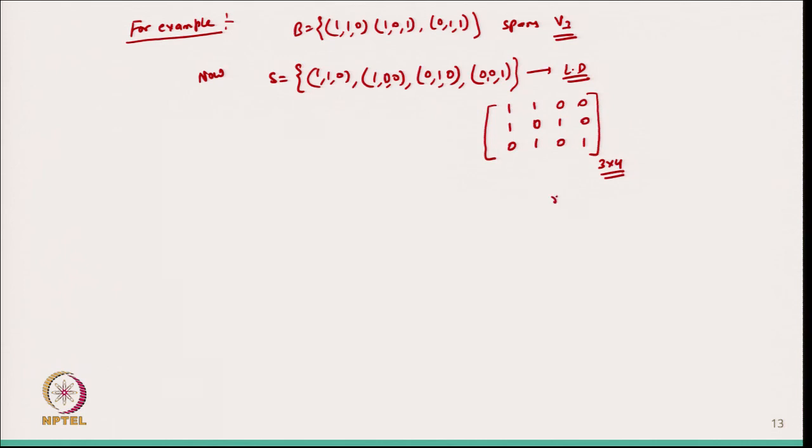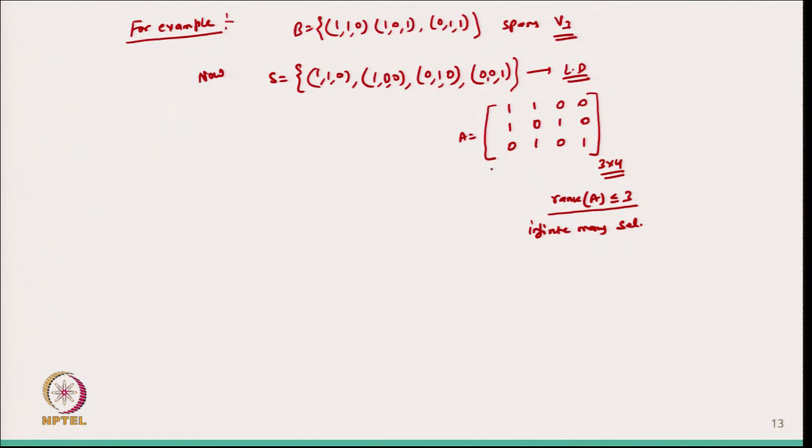So, in this case I know that the rank of this matrix A, suppose I call it A, is always less than or equal to 3. So, definitely it cannot be a non-singular matrix. So, the rank is always less than or equal to 3 and the number of variables will be 4. So, there are infinitely many solutions, and from there we know that this will be linearly dependent.